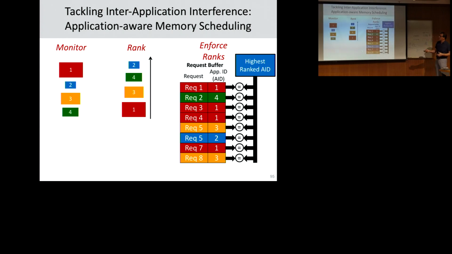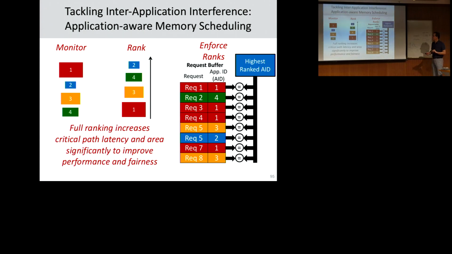And the memory controller basically assigns a rank to each application and tags the different requests of different applications with the rank. And it basically uses that rank as part of the scheduling priority. And different schedulers use that in a different way, right? That's good in terms of performance, but the problem is full ranking actually increases a lot of complexity in the scheduler. Complexity meaning critical path latency and area.